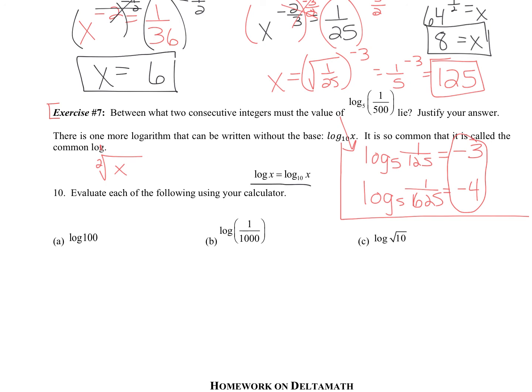So for example, when I see log of 100, I know that's really log base 10 of 100. 10 to the second equals 100, so that would be 2. This also is base 10, so 10 to the -3 would give me 1 over 1,000, that's 3 zeros. This one, 10 to the what equals the square root of 10, that's the 1/2 power. So anytime log does not have a base, the base is 10.